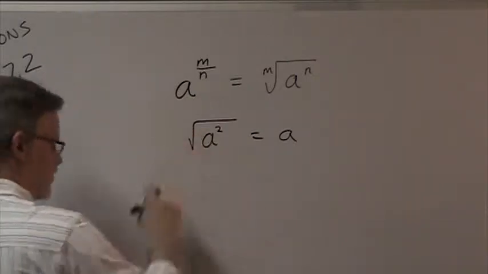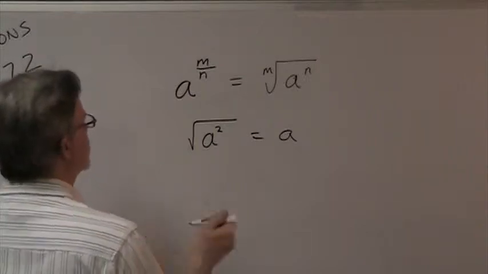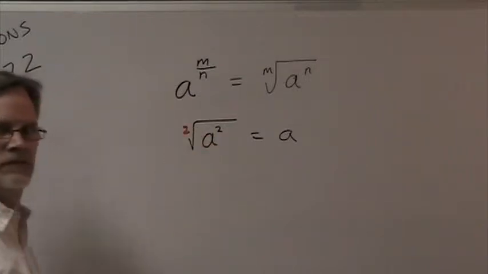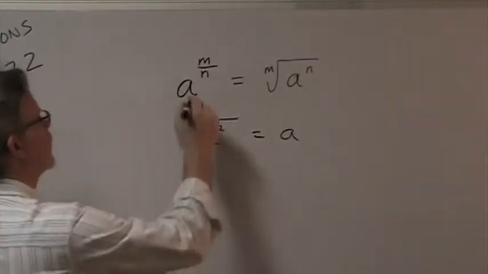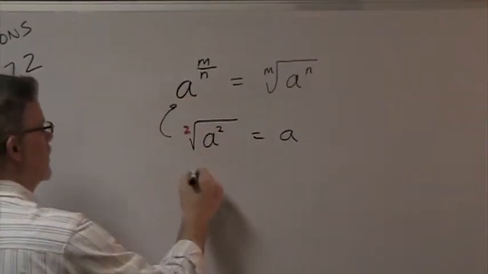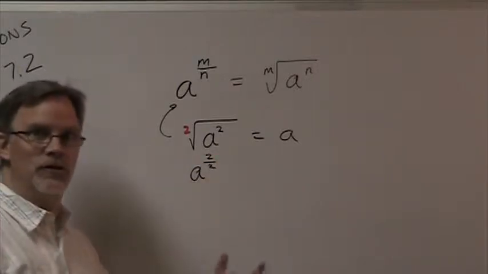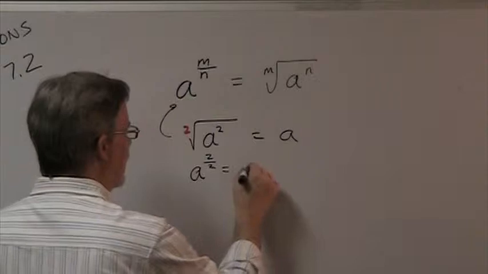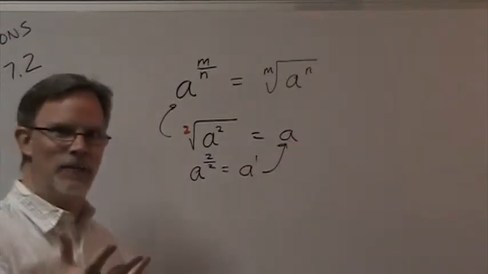So if we know there's an understood 2 right here, right? If there's an understood 2, then when we write it in this term, then we get a to the 2 over 2. 2 over 2 is 1. So you get a to the first. Aha! So you get the same answer.